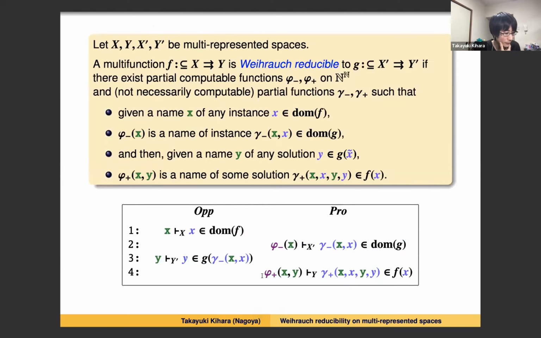So this is the idea of defining Weihrauch reducibility on multi-represented spaces. Okay, so the formal definition might look something like this. Let x prime, y prime be multi-represented spaces, and consider multi-valued functions on multi-represented spaces.